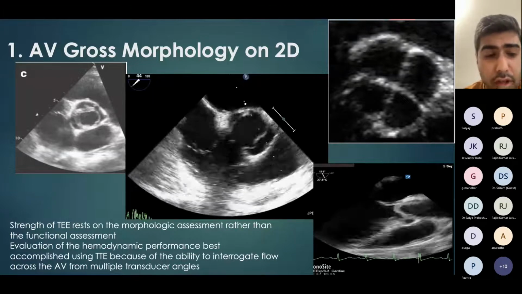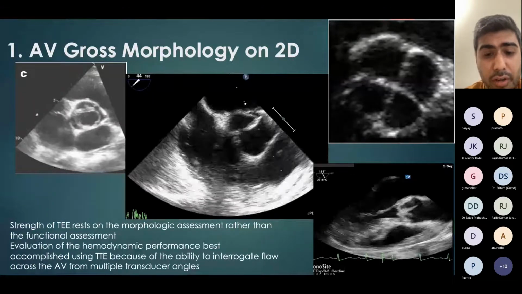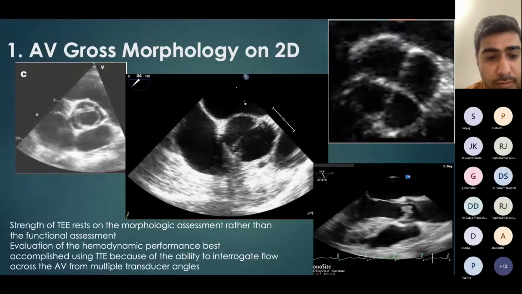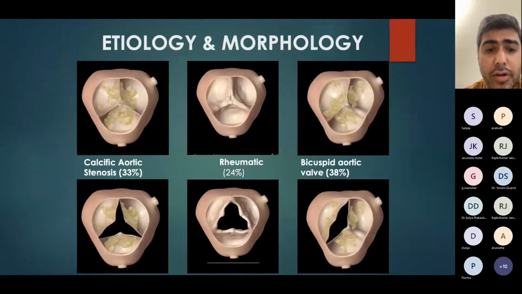Simultaneously, in this view we can apply color flow Doppler as well. The most common pathologies include the calcific aortic valve or the rheumatic valve, and the bicuspid aortic valve, seen in almost 38% of the cases.